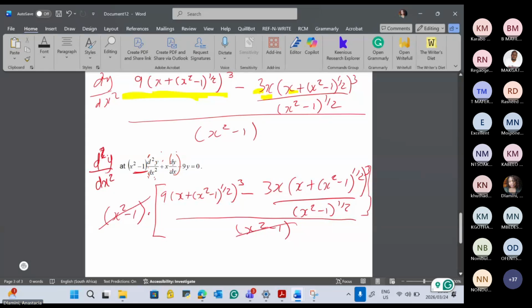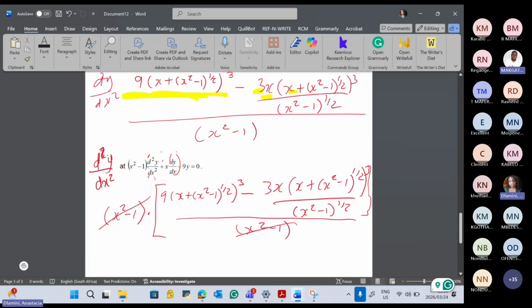Okay. Do you see that, guys? Yeah, you see, we were supposed to multiply the x squared with the answer. Are you looking to have the same type of term? Oh, this x squared minus 1 is the one in the equation.